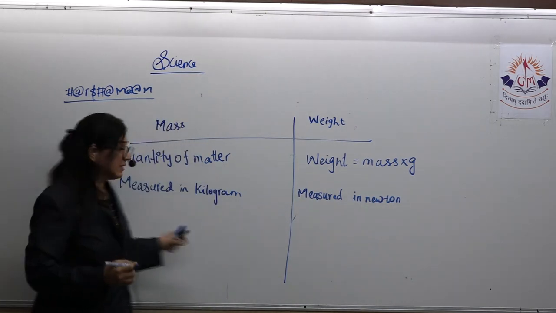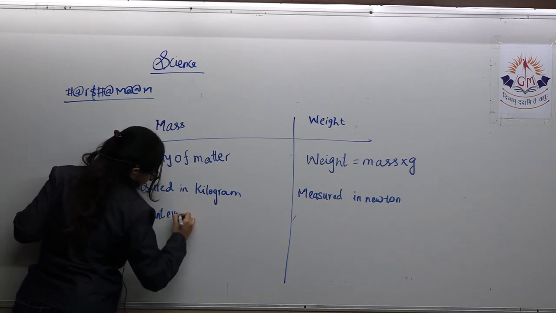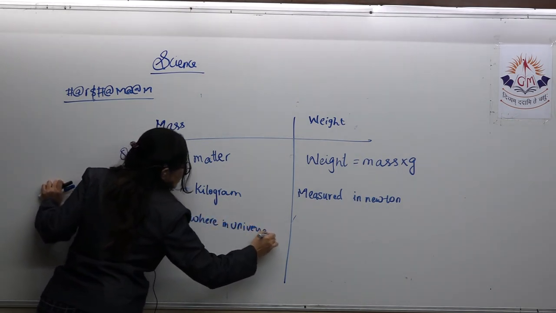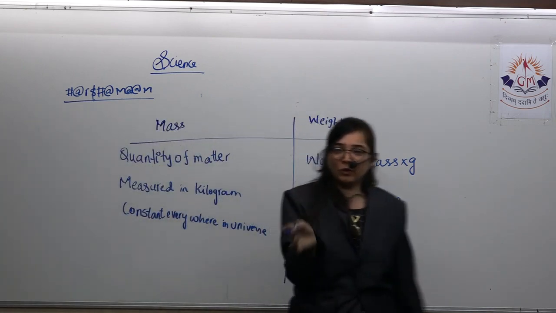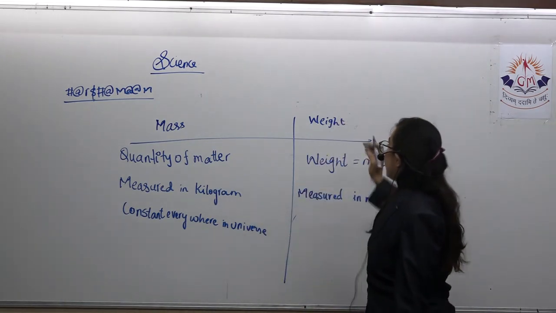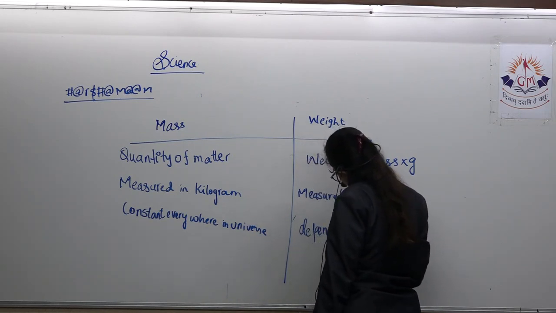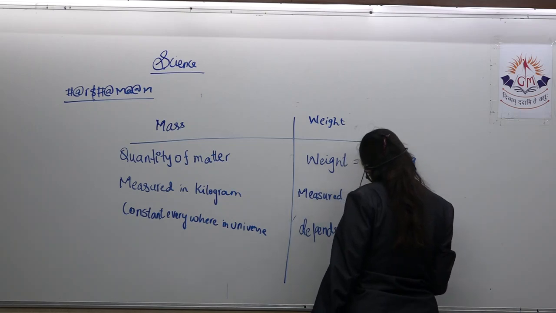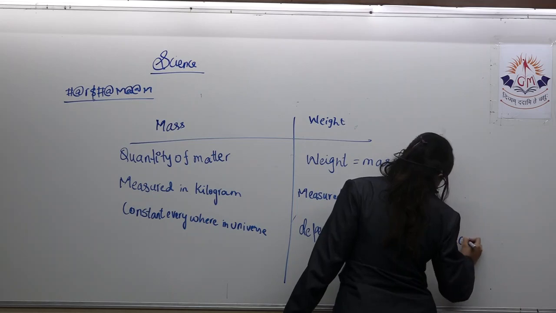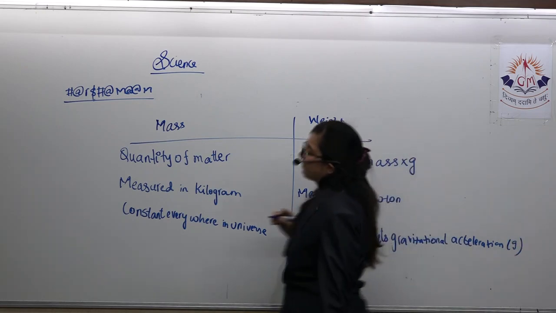Next thing is, mass is constant everywhere in the universe. For any object, if its mass here is 2 kg, then on the moon also it will be 2 kg, and on Jupiter also 2 kg. Its mass remains fixed. While weight depends on the planet's gravitational acceleration, that is small g.